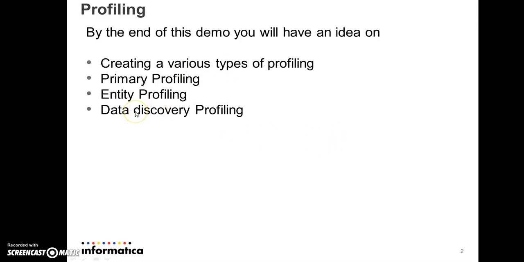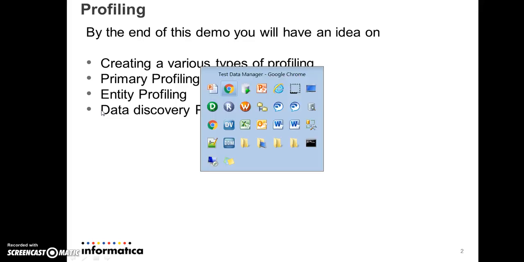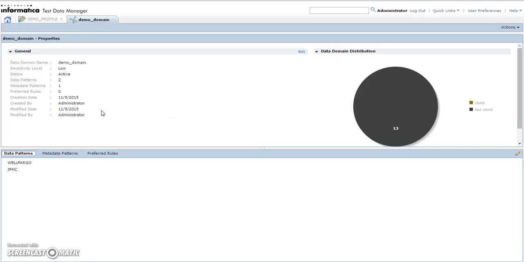Now coming back to the last profiling point, it is data discovery. This is nothing but discovering the columns data or metadata. Here I have created a domain where I'll provide the patterns which I need to find in the table or in the column.